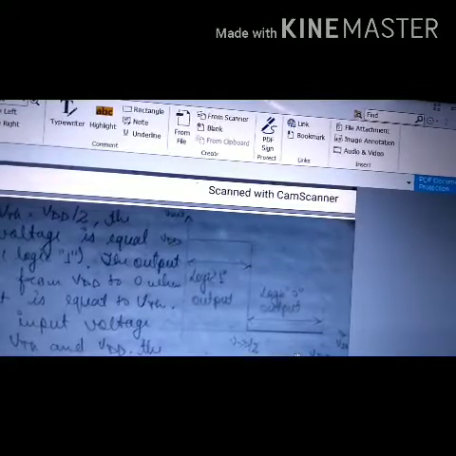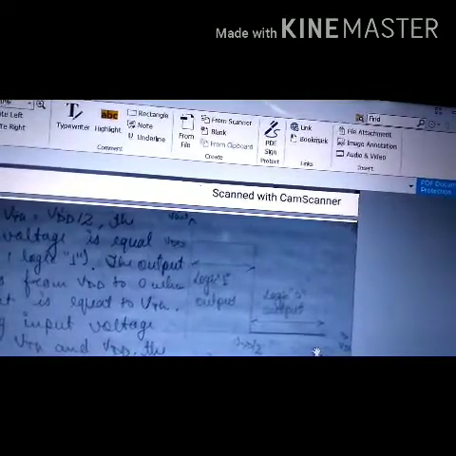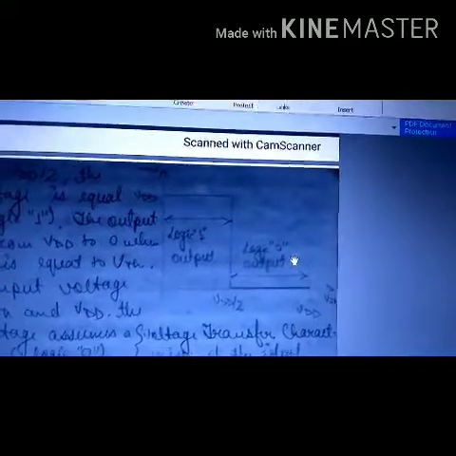The output switches from VDD to 0 volt when input is equal to VTH. For any input voltage between VTH and VDD, the output voltage assumes a value of logic 0. Okay, for any voltage level between VDD by 2, that is VTH, to VDD, output will be 0 volts.